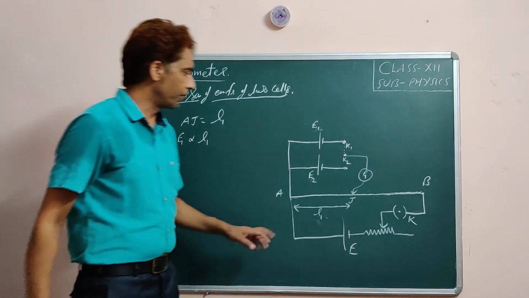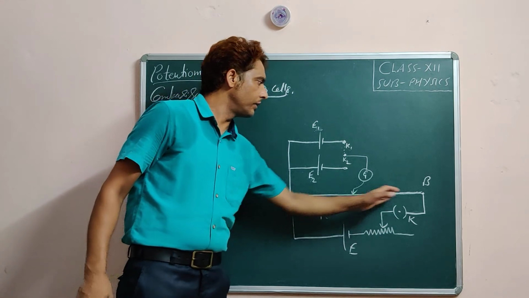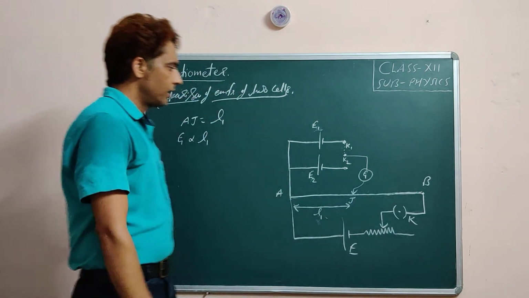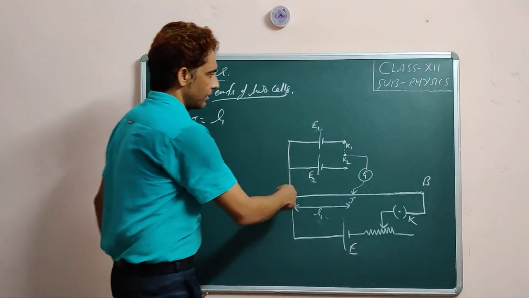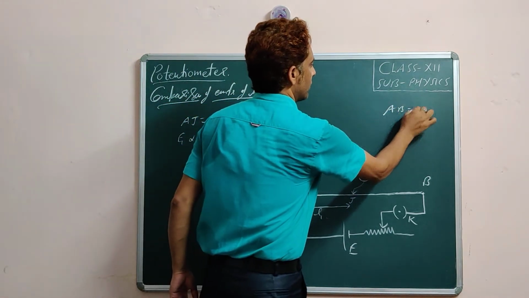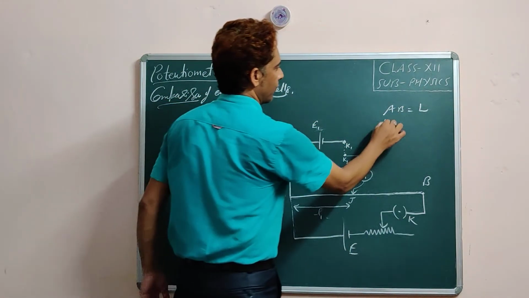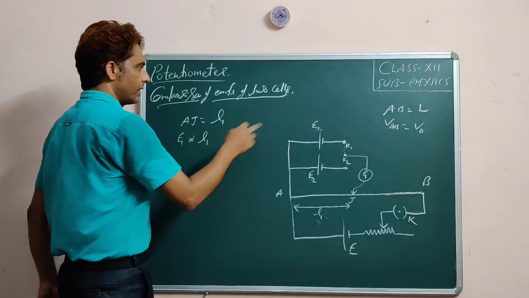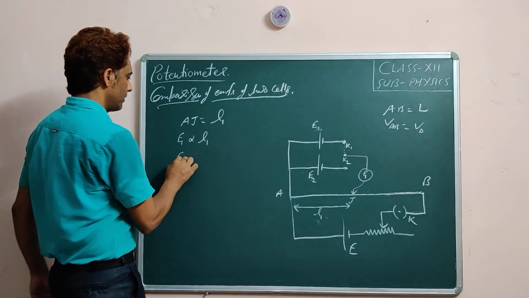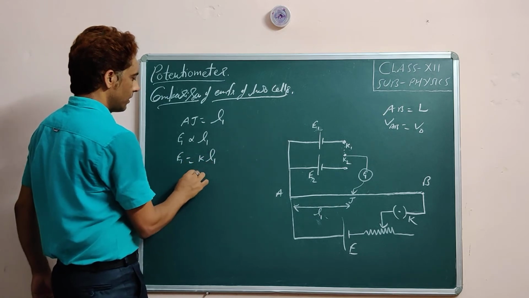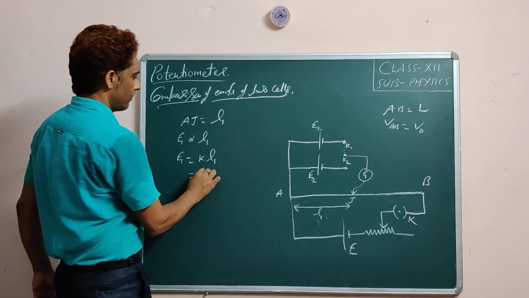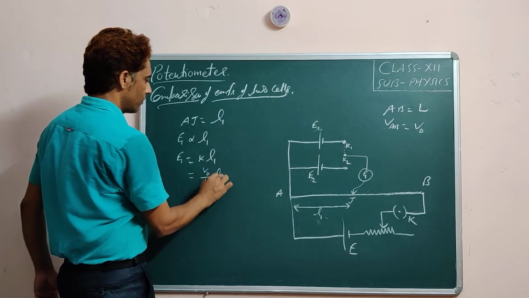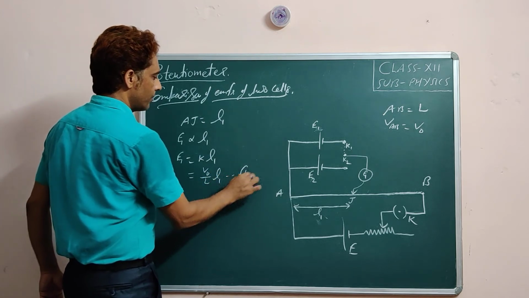If V naught is the potential difference across AB, and AB is equal to capital L, then E1 is equal to K L1, that is equal to V naught over L into L1. Let this be number 1.